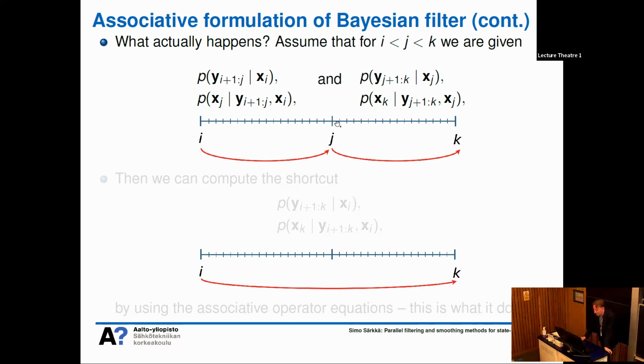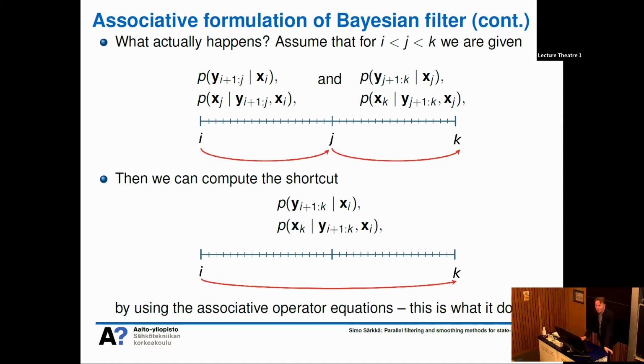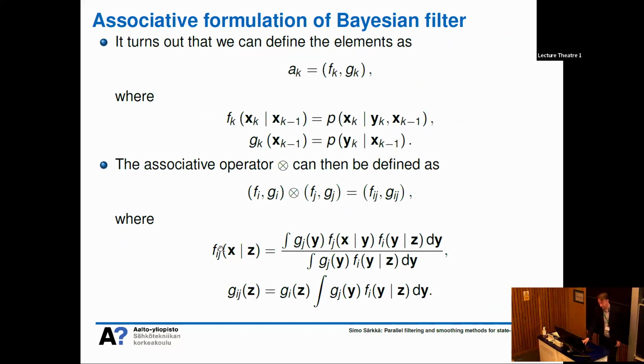It turns out that it's like a jump from here to here, here to here. And these associative operators actually compute a skip connection. So they just compute these corresponding ones for this longer interval. And it turns out that the operation is given by these. If you plug in the distributions, even in my notation, it becomes a mess, but anyway, that's what they do.